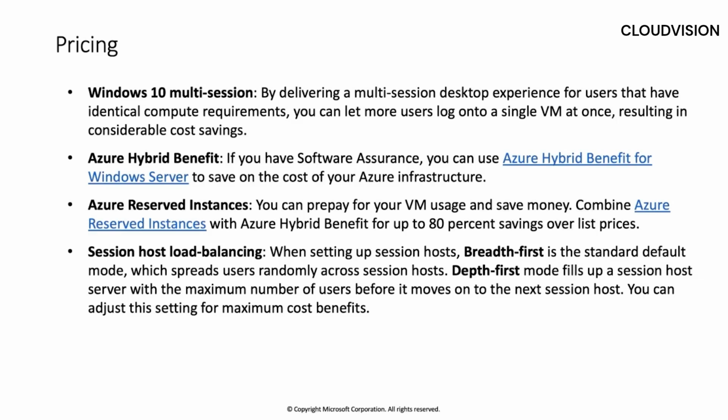In that case, you can prepay for your VM usage and save money. So these things can be used in combination. Azure Reserved Instances, if combined with Azure Hybrid Benefit, can bring up to 80% savings over the list prices.